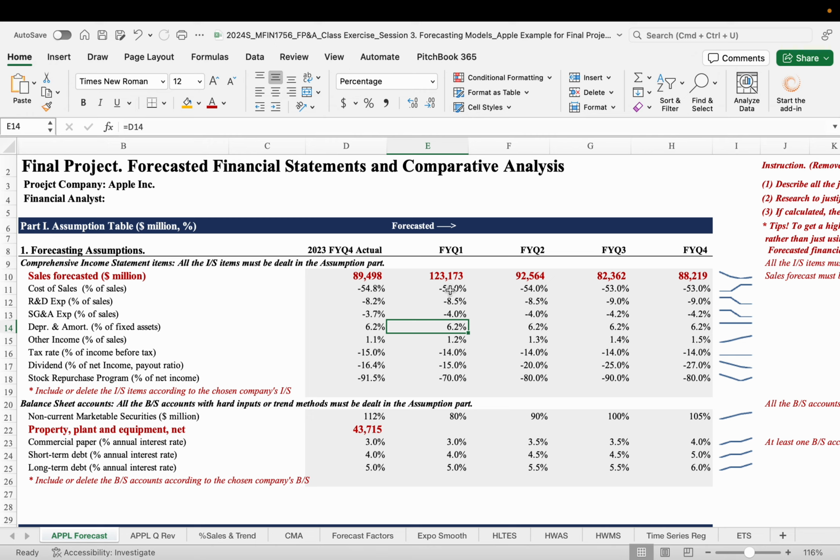Now it is decreasing. So any kind of other number you can put there, as long as you can explain. Again, as mentioned during the class, I'm not going to argue why 1.3%, why not 1.25%. I'm not going to argue, but I'm going to see your underlying logic or some trend.